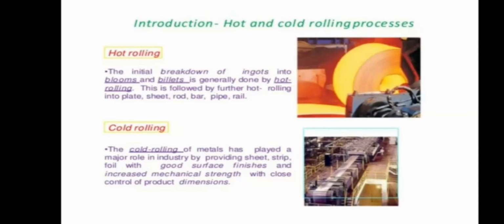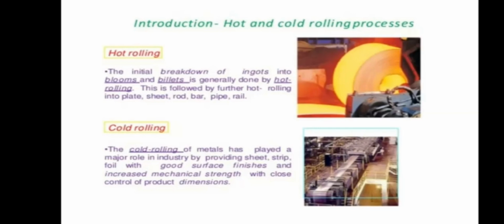So you have to understand, hot rolling is carried out for maximum reduction of thickness from ingots to bloom, bloom to billet, and billet to slab. For this type of reduction, you go for hot rolling, where maximum reduction takes place. Cold rolling is only for finishing touch, from slab to plate or plate to strip, where you have to get a final component.